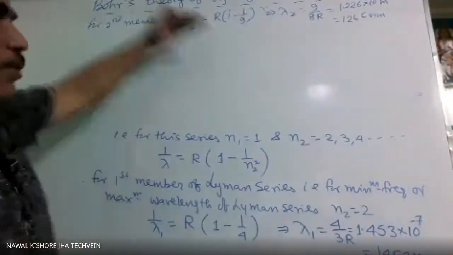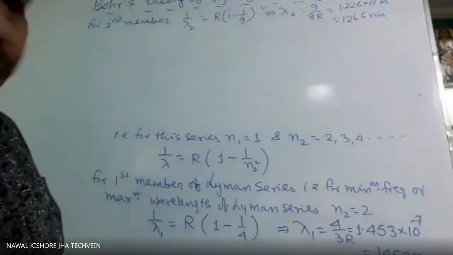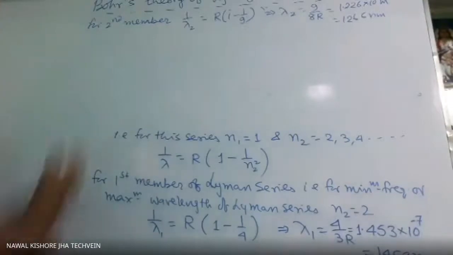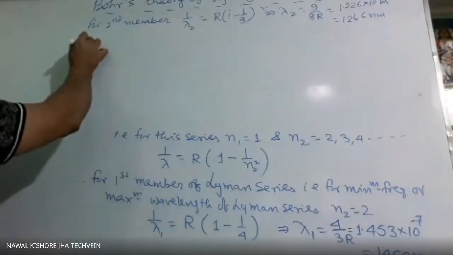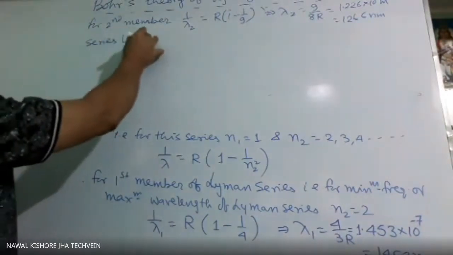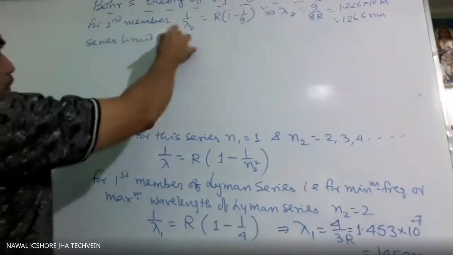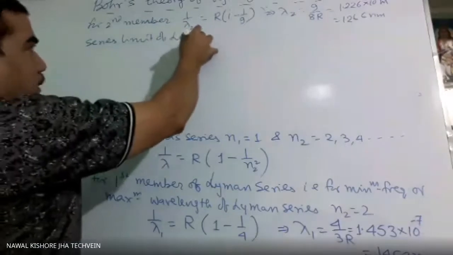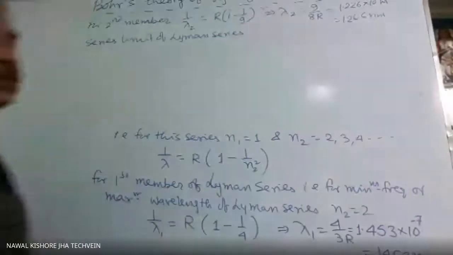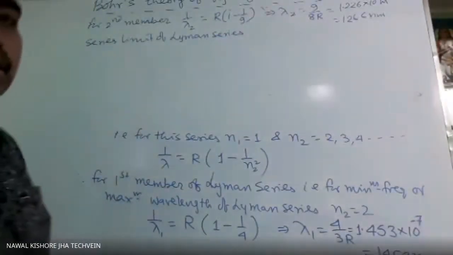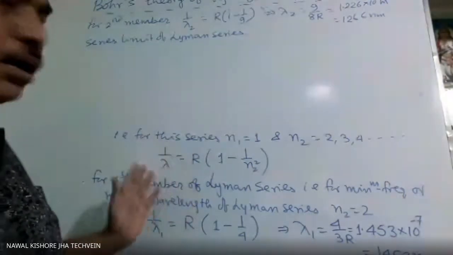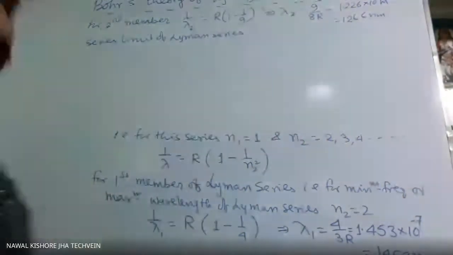Now similarly, if we keep on increasing, it may come like this: first, second, third, fourth, like that. Now the series limit of Lyman series. For series limit, what will be? The electron is either jumping from infinity to first orbit, or it is going from first orbit directly to infinity.